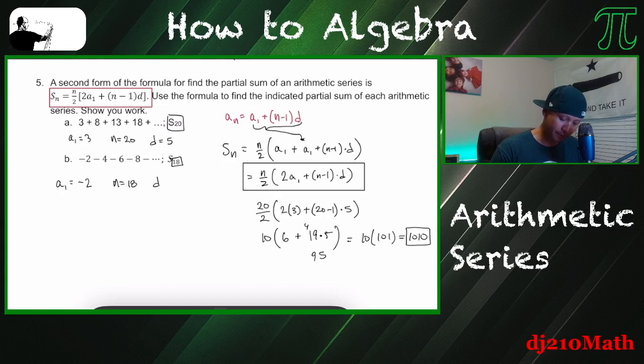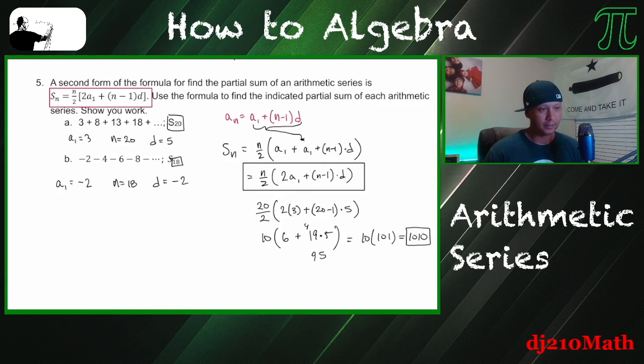And the common difference is going to be, what do you think? Negative 2. Because negative 2 minus 2 is negative 4, minus 2, 6, minus 2, 8, so on and so forth.